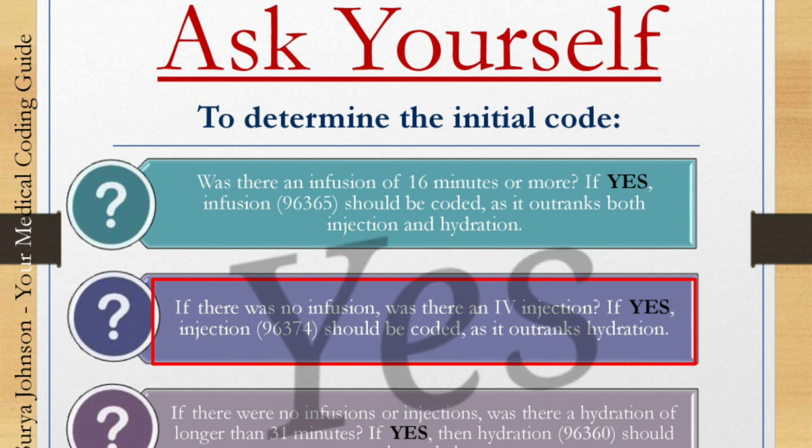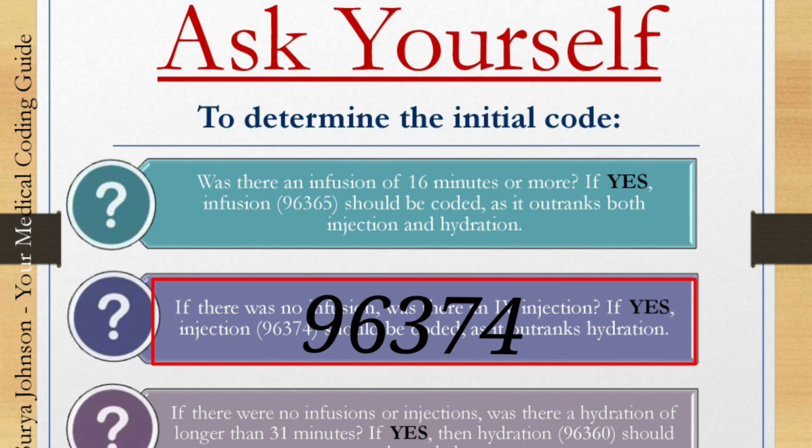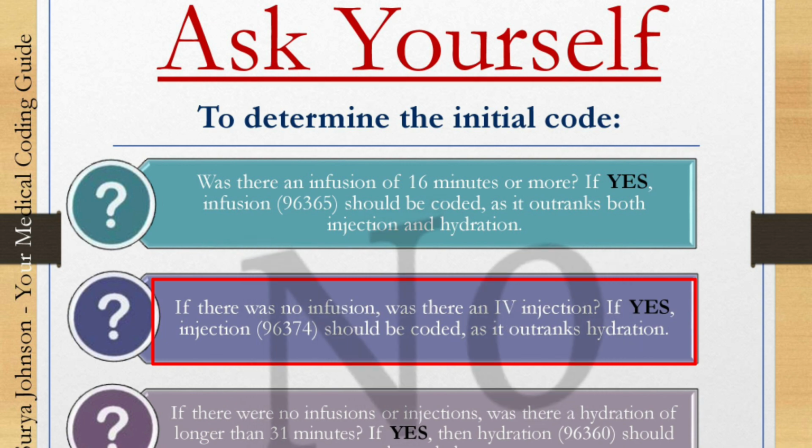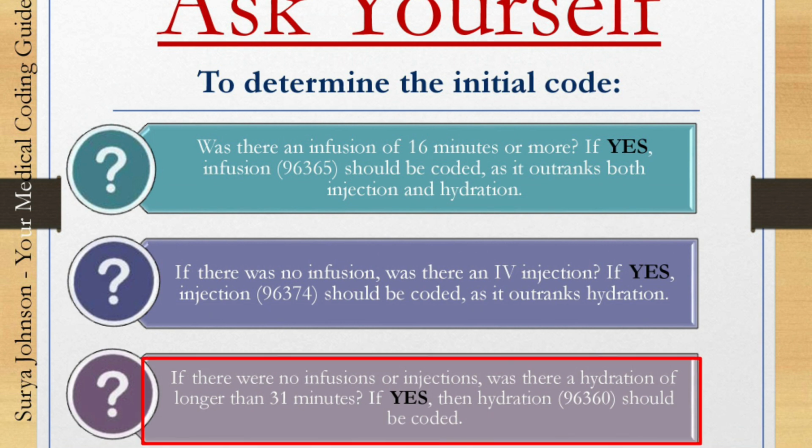If the answer is yes, then the initial code should be 96374. If the answer is no, then ask the other question: if there were no infusions or injections, was there a hydration of longer than 31 minutes? If yes, then hydration 96360 should be coded as the initial code. This is how you can determine the initial CPT code.